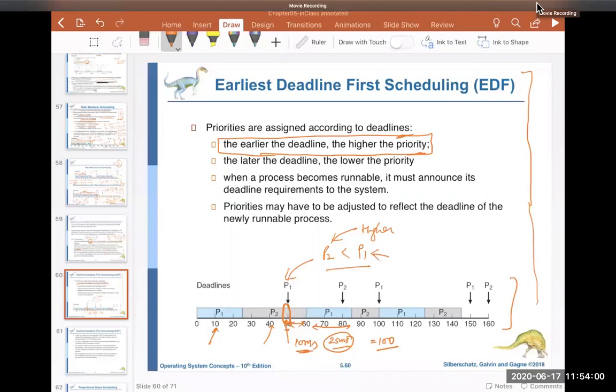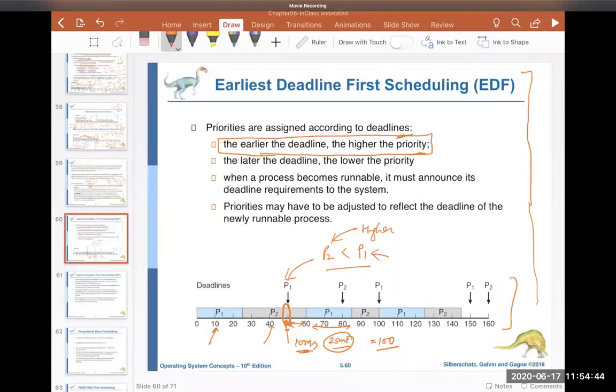Whenever your process becomes runnable, it announces its deadline, and based on the adjusted deadline, the priorities of the tasks are checked, preemptions are handled, and jobs are allocated to the CPU.